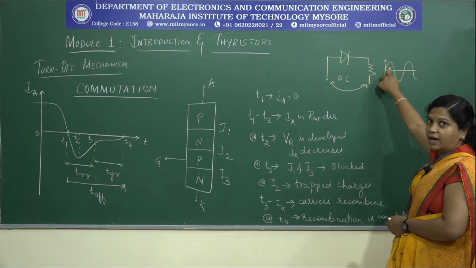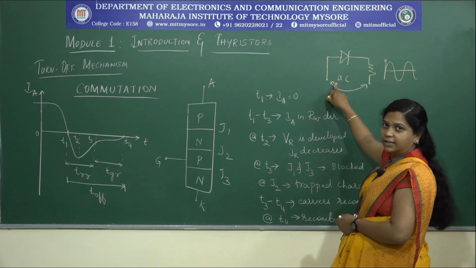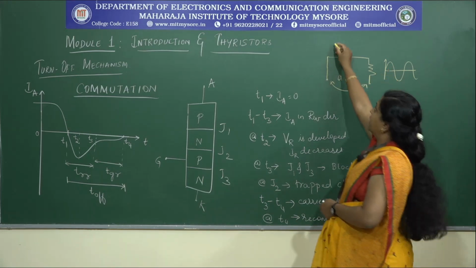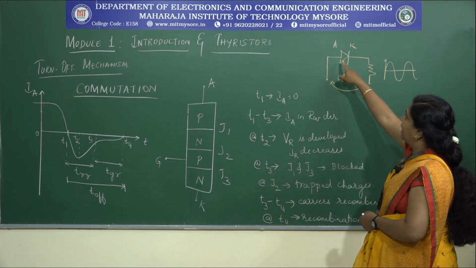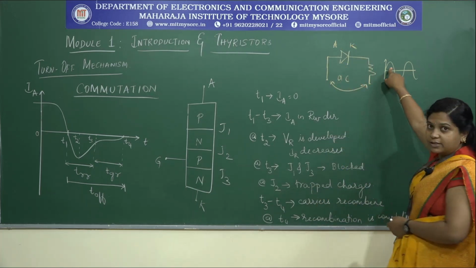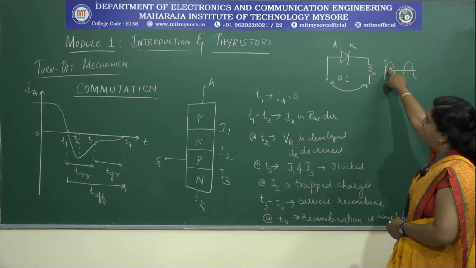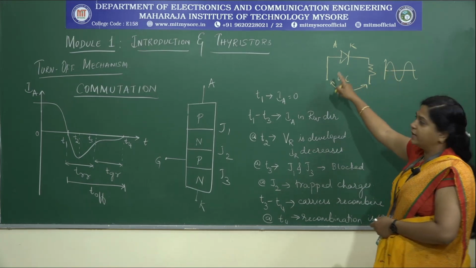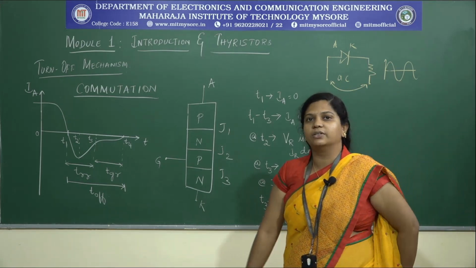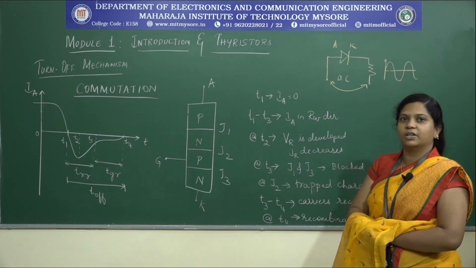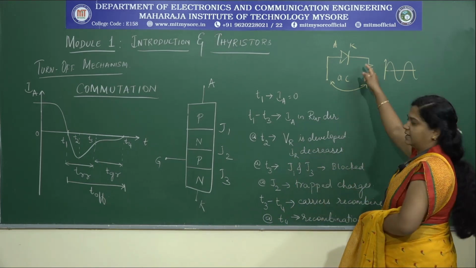In the positive half cycle, this is the anode of a diode, this is the cathode of a diode. The anode is connected to the positive half cycle, so it will go to its forward biased condition. We already understood that forward biased condition means it is the on state.